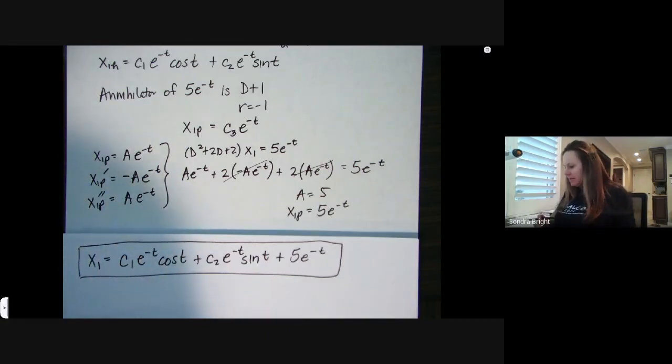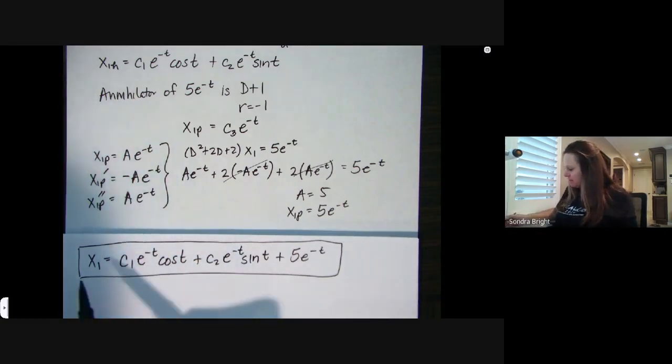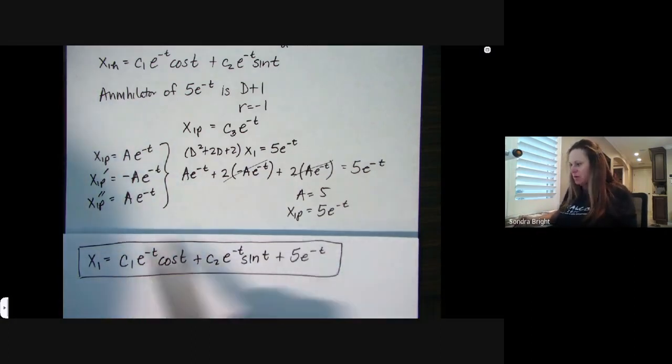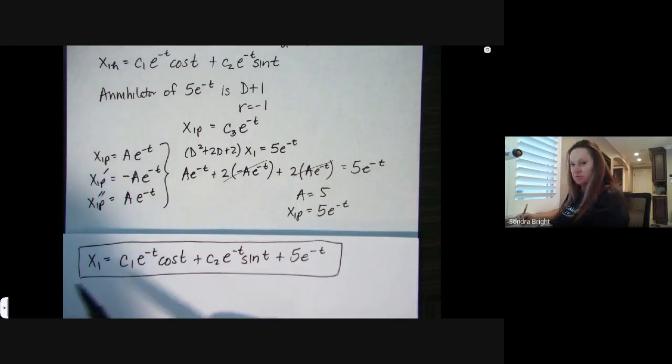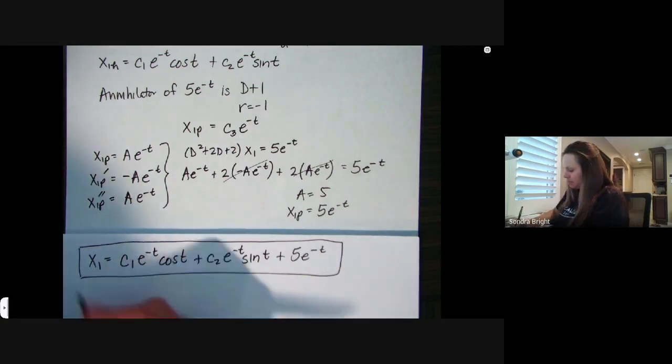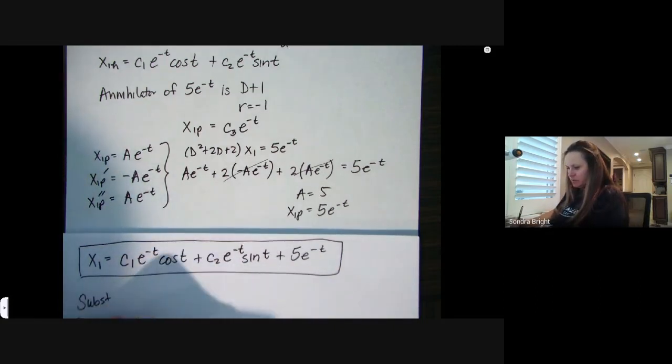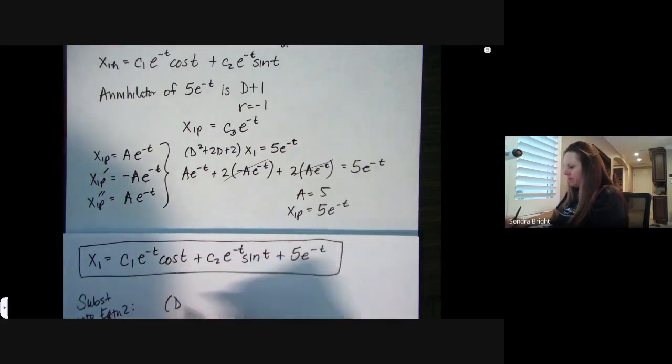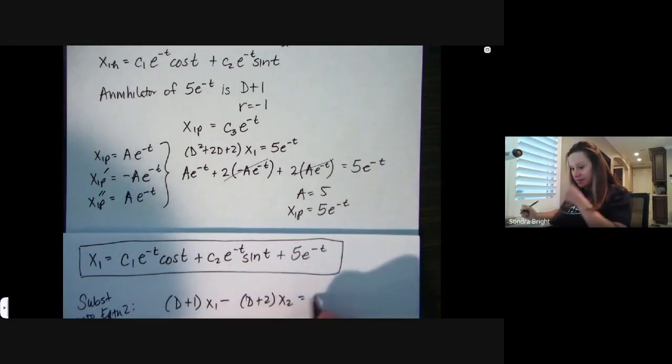To do that, I'm going to substitute this whole thing into x1 in the second equation. So I'm going to substitute into equation 2. And equation 2 said, D plus 1 x1 minus D plus 2 operating on x2 is equal to 0.